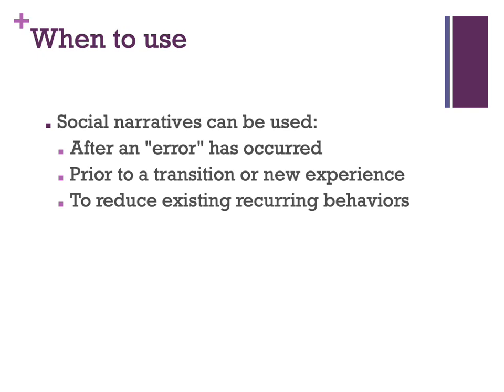Prior to a transition or new experience like getting a haircut, changing school, or going to the doctor's office, right before those situations happen, you can introduce the story. Also to reduce existing recurring behavior, like not speaking, you can talk about what is expected behavior and when that behavior is allowed.